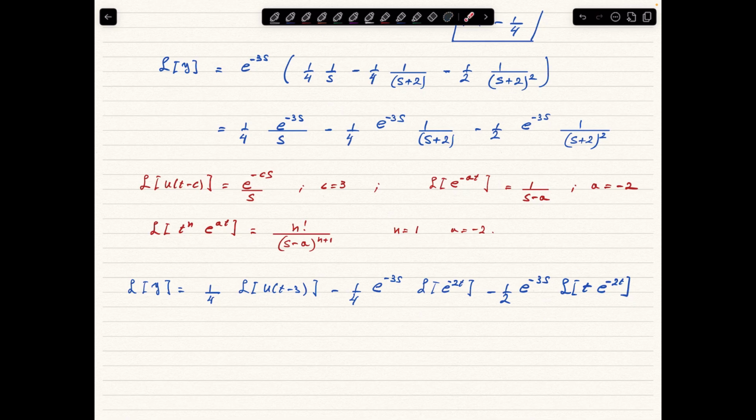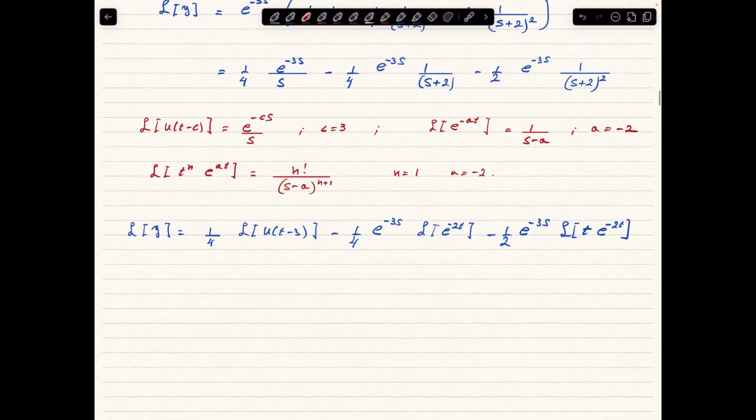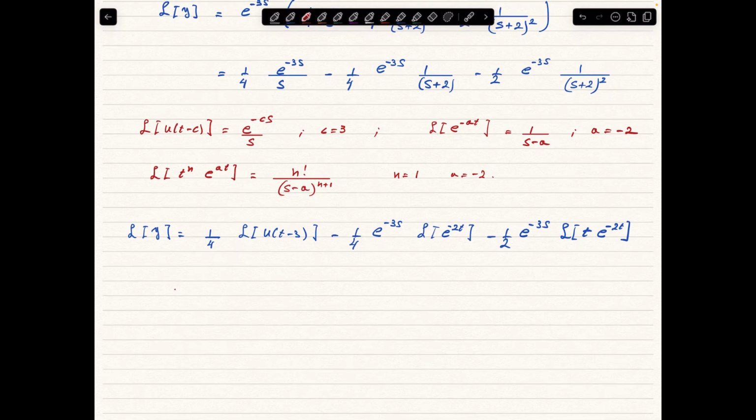And now what do we do here with these exponentials? Well, we use again the translation identity that says that whenever we have an exponential minus cs Laplace transform of some function that you know, this is going to be the Laplace transform of the step shifted by c and the function shifted by c.